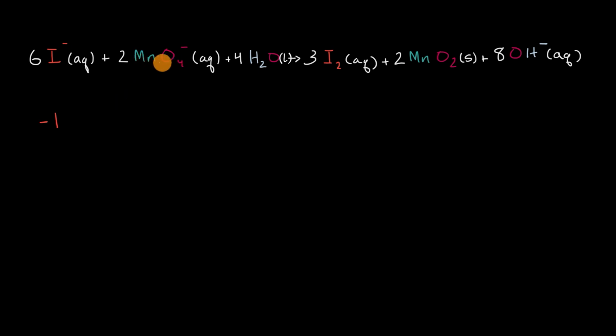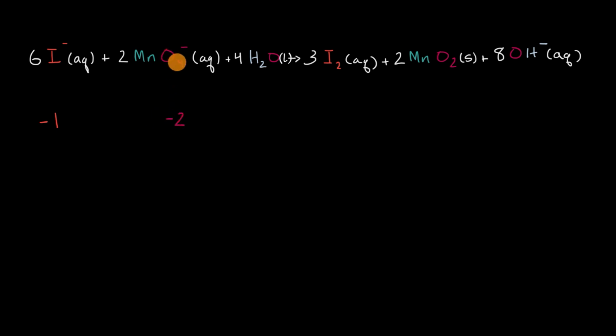Now let's move over to this permanganate ion right over here. Now this one's a little bit more involved to figure out the oxidation numbers, but what we generally remember is that oxygen is quite electronegative. It is likely to hog 2 electrons, and when we think about hypothetical charge with oxidation numbers, oxygen is going to have a -2 oxidation number because it likes to hog those 2 extra electrons.